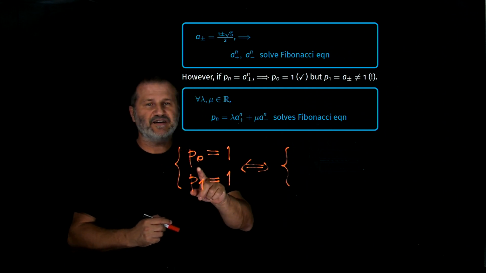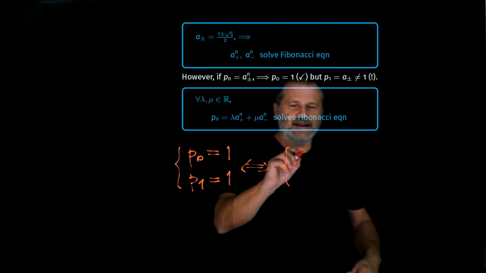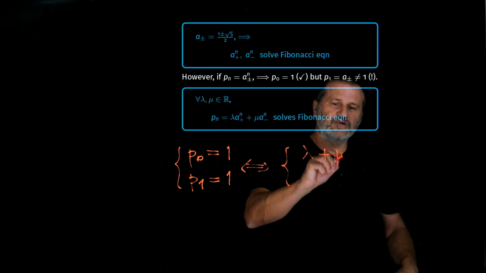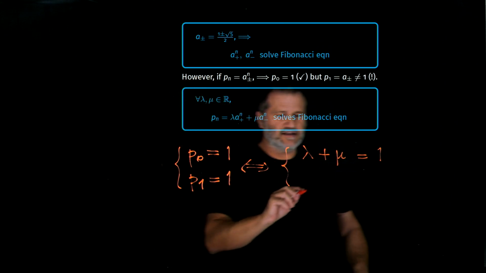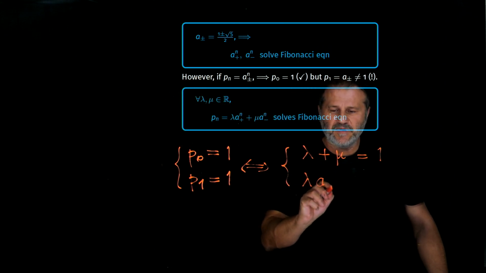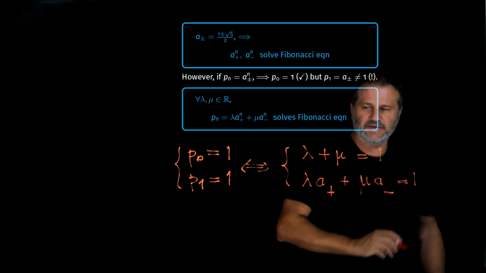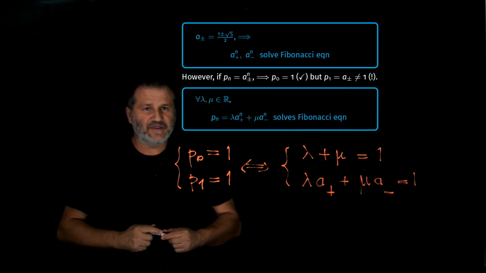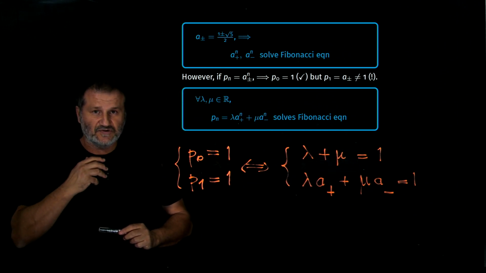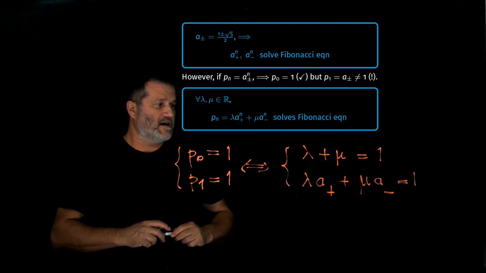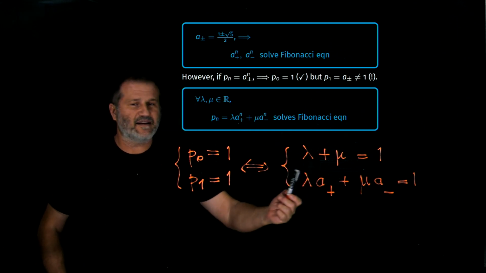In fact, for the first equation, P0 equal 1, when we set n equal 0, we obtain lambda plus mu equal 1. And when we take n equal 1, this becomes lambda a plus plus mu a minus equal 1. As you can see, we obtained an easy system of two equations in two unknowns. This is a very simple system because it's a linear system we can easily solve.